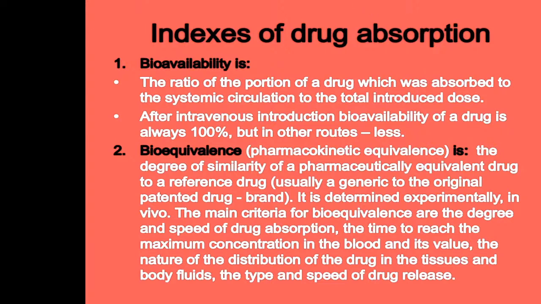It's very important index, so we can think that it's necessary to use only the drugs with high bioavailability. If we compare two drugs and bioavailability of first drug is more than of second, it's better to use for oral introduction first drug. It's correct.